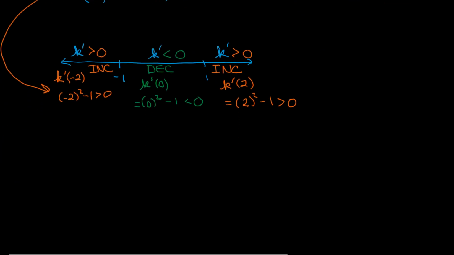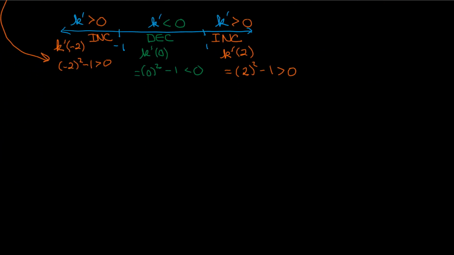If a function goes from increasing to decreasing, like right here on this interval, it means that the function is changing from going up to going down. Where it changes directions right here is what is called a critical value.